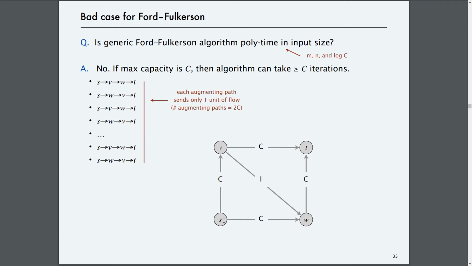But yeah, so if you consider what happens here, if we always take this path here, we always increase the flow by 1. So we're taking a large number of steps, which are kind of unnecessary because we could just augment the flow here by C and here by C. And then there's nothing left to do.